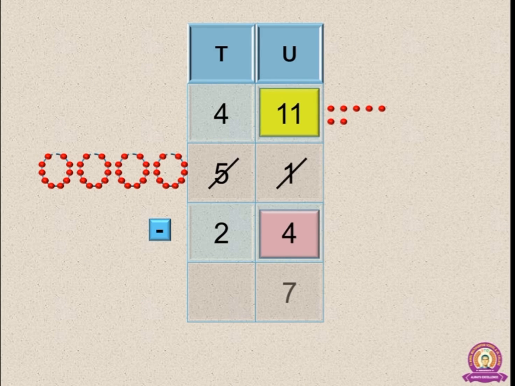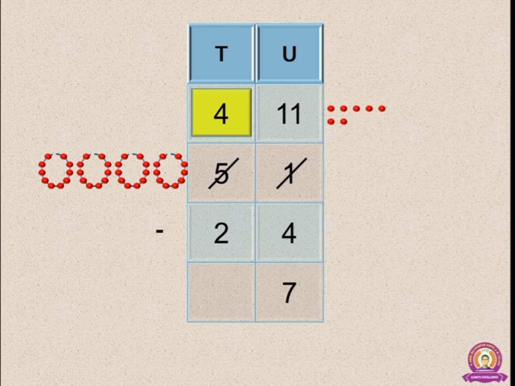Let us move forward to the tens column. 4 minus 2. Can we subtract 2 from 4? Yes. So, take away 2 strings from the 4 strings. 2 strings are still left with us.